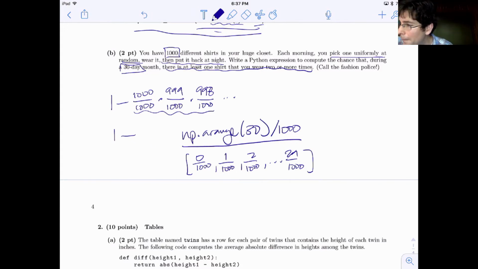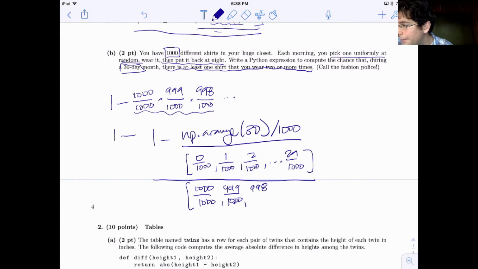If I take 1 minus that, then this expression here gives me 1,000 out of 1,000, 999 out of 1,000, 998 out of 1,000, etc., all the way down to 971 out of 1,000. Okay? And then we need to combine all these numbers together.